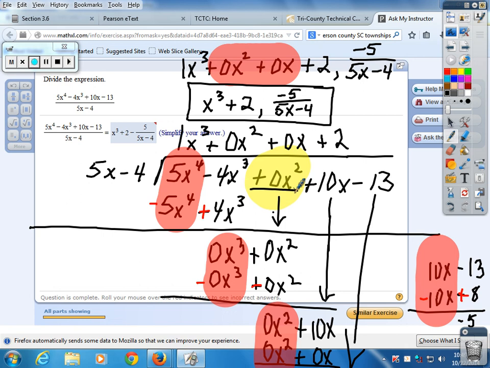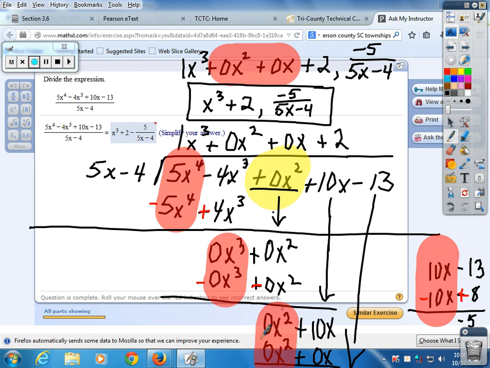When you hit a stump like this, you just keep going and say 5x will go into 0x 0 times, and you fill in those spots. Once you fill them in, you get your answer. Then you can take those out, and you're left with that answer.